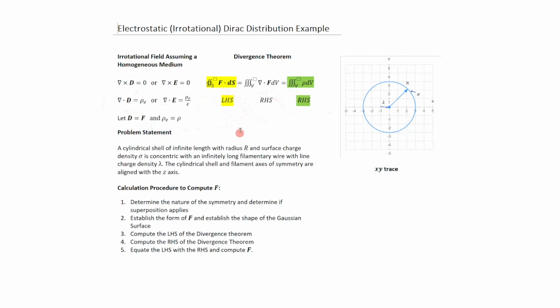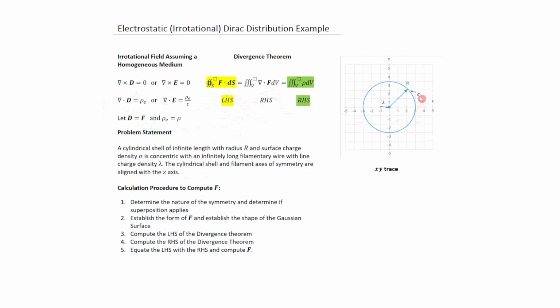So let's look at the problem statement. We have a cylindrical shell of infinite length with radius r, and a surface charge density sigma, concentric with an infinitely long filamentary wire with line charge density lambda. So if you look over on this side, this is a trace. This circle that you see is nothing more than a cylinder that projects into the z and minus z direction.